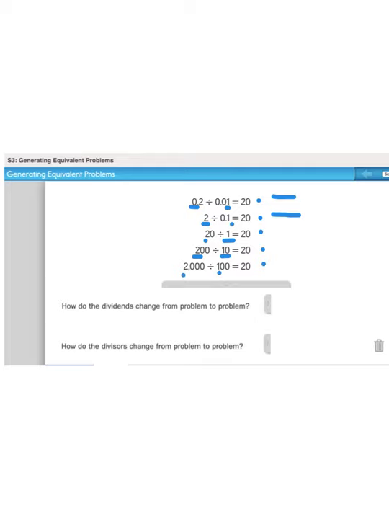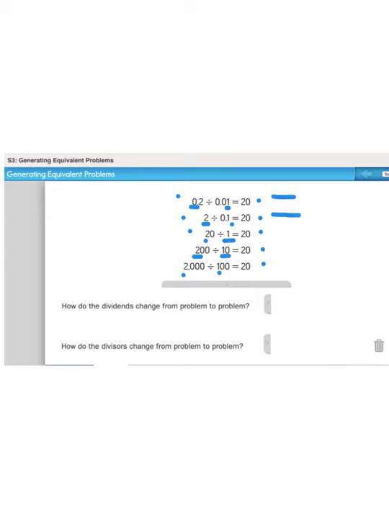Now, examine the dividends and the divisors in each problem. How do the dividends change from problem to problem? So that's your first number in each of these number sentences. How do they change from problem to problem? The decimal point moves one place to the right, which means each dividend is 10 times as large as the dividend before. Now, how do the divisors change from problem to problem?